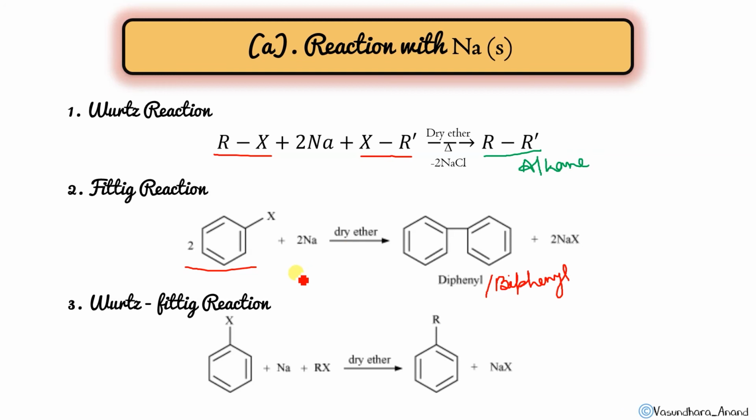This is called Wurtz because of this, and this one is Fittig. So Wurtz-Fittig reaction, got it? It will give you alkyl benzene. If this is C2H5X, it will give you ethyl benzene. If it is CH3X, it will give you methyl benzene, like that.